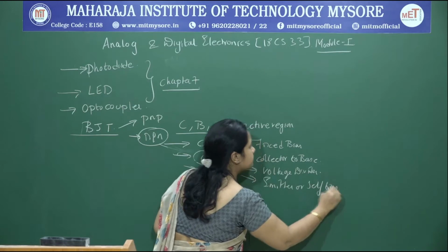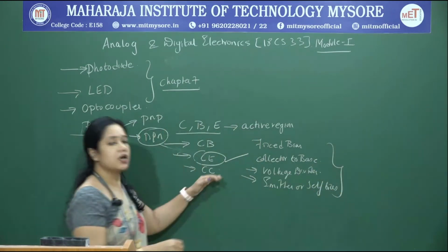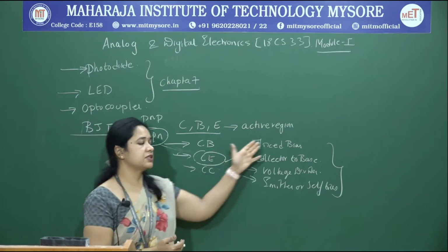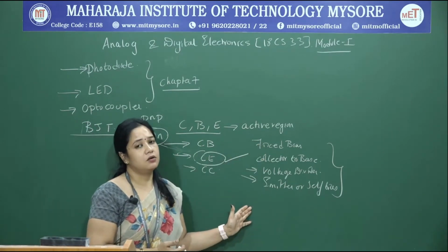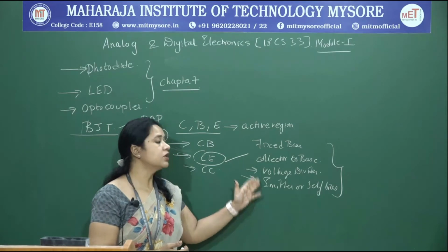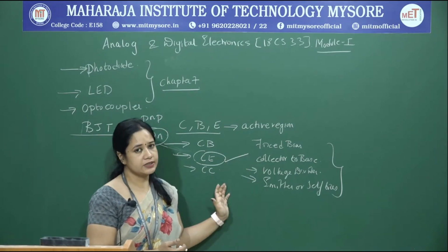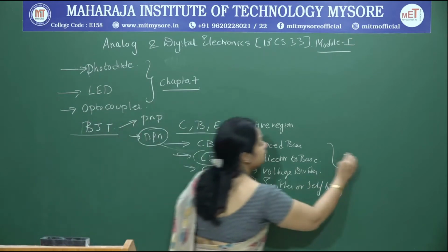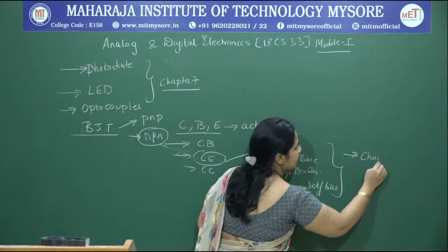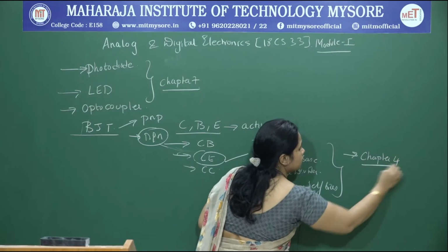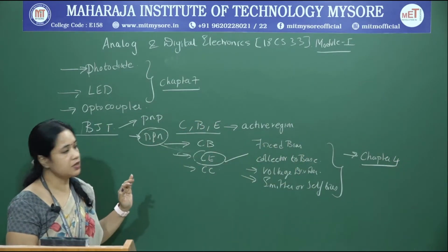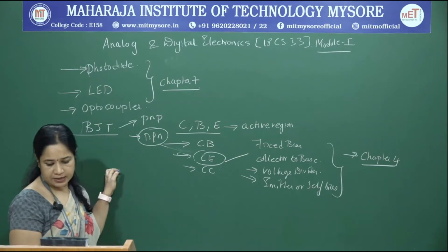What all these biasing configurations are, and how to bias your bipolar junction transistor using one of these biasing circuits, we will discuss in detail in the subsequent topic. And all these topics have been picked up from chapter 4 of your prescribed textbook.